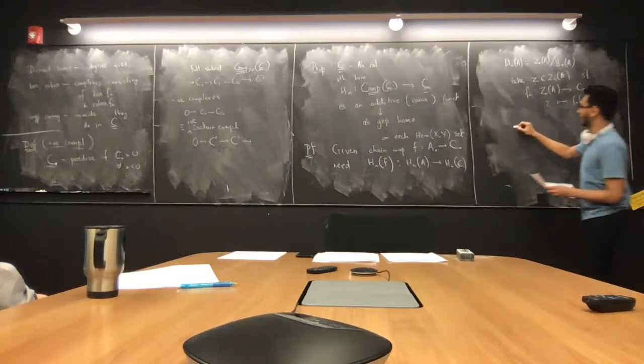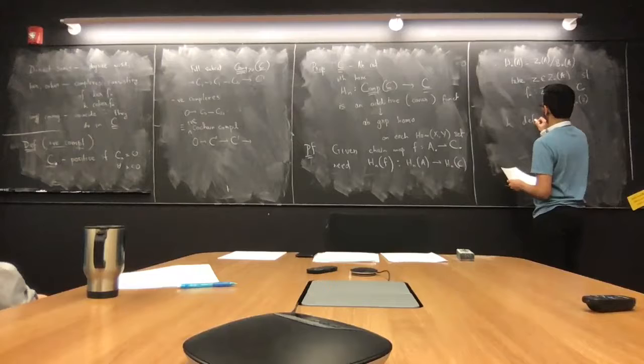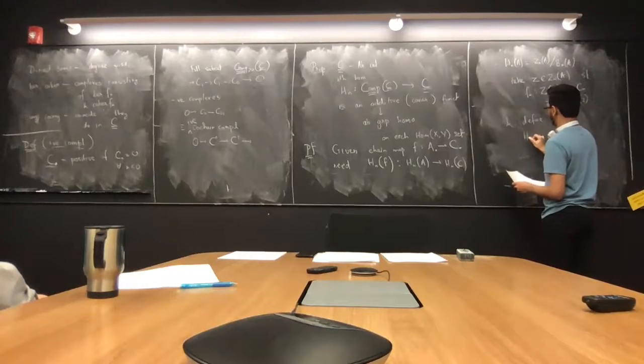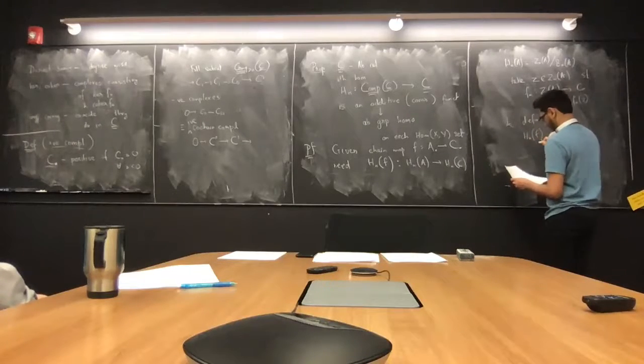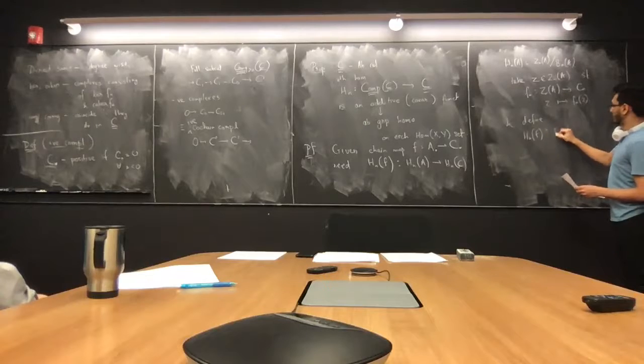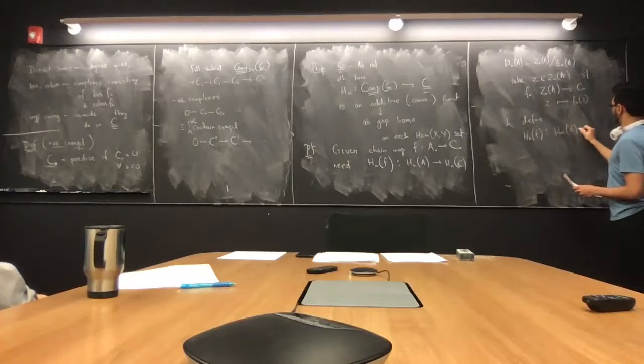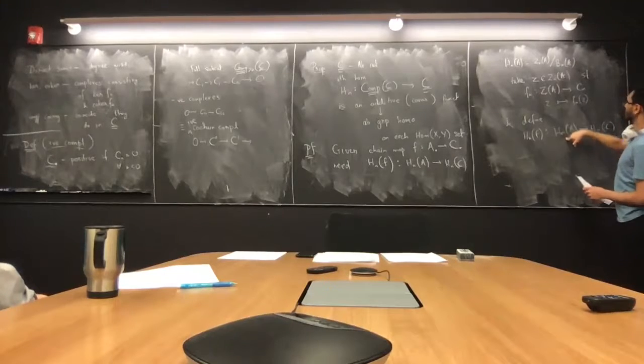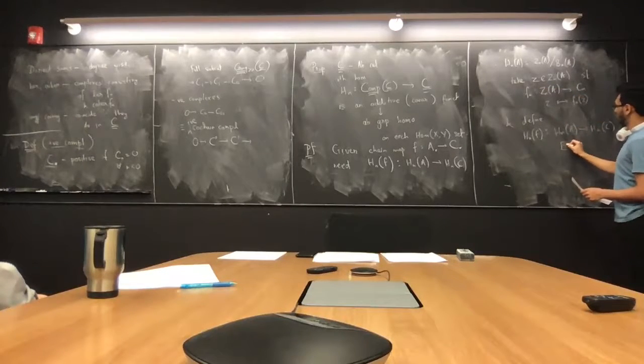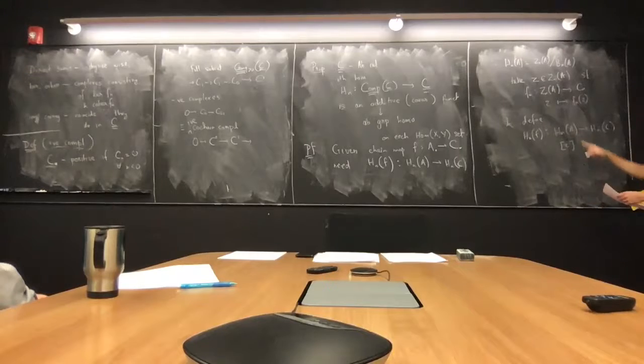And we can try and define the map Hn(F) from Hn(A) to Hn(C) as taking the equivalence class of Z in the nth homology, and this maps into the equivalence class of Fn(Z).